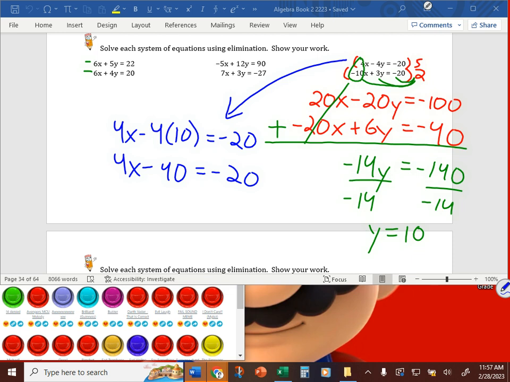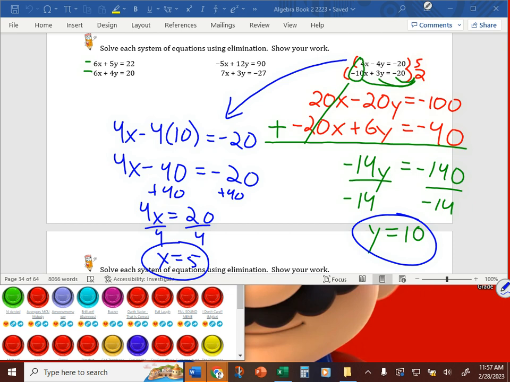Two-step equation to solve, add 40 to both sides. We get 4x equals positive 20. Divide both sides by 4, you get x by itself, and x equals 5. Okay.